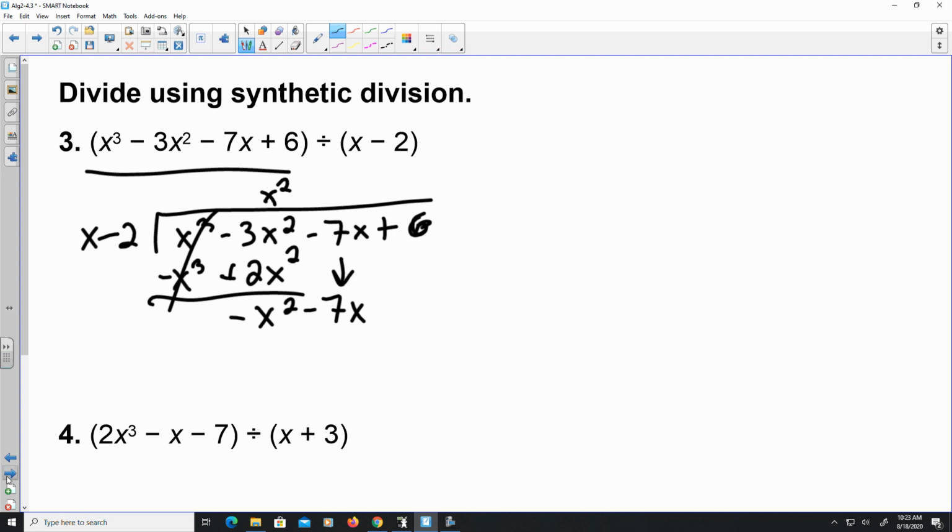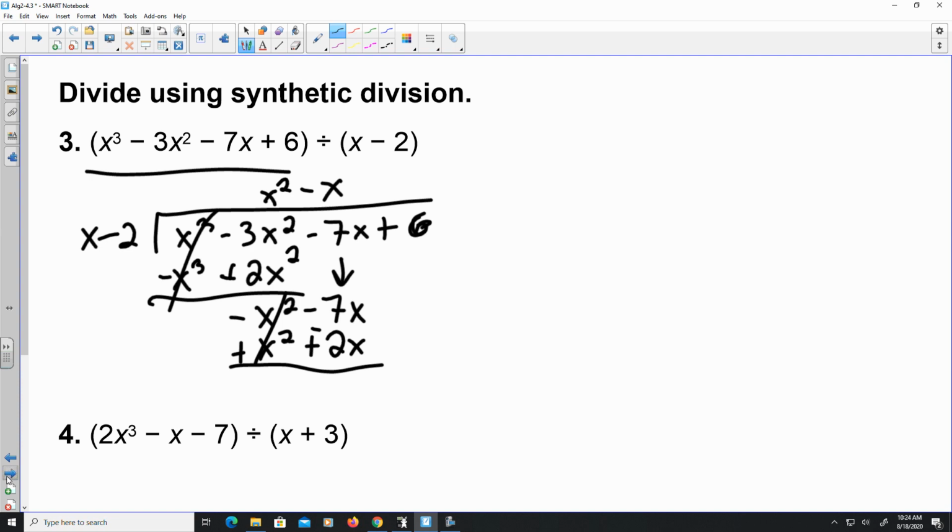We're going to drop that down. So now this is going to be a minus x, because negative x times x is negative x squared. Negative x times 2 is going to be plus 2x. Change the sign, change the sign. This gets canceled.